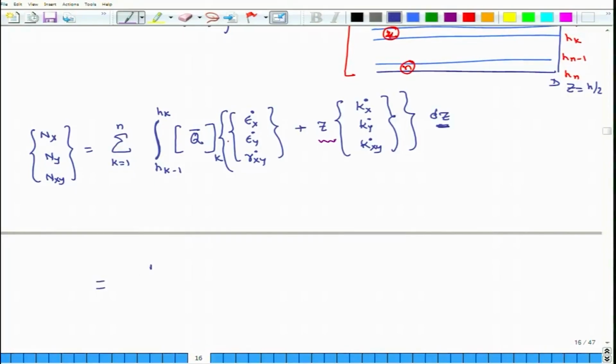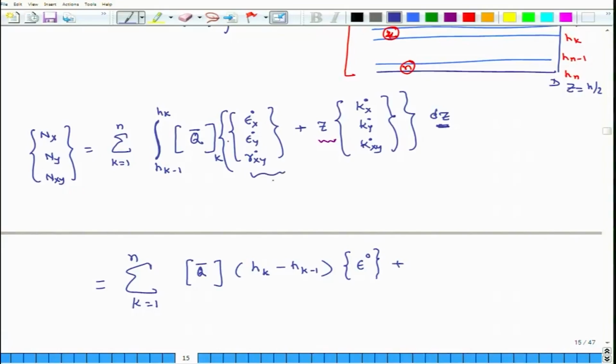So, this is equal to the sum over k equals 1 to n, of Q bar times h_k minus h_k minus 1, times epsilon naught bar.